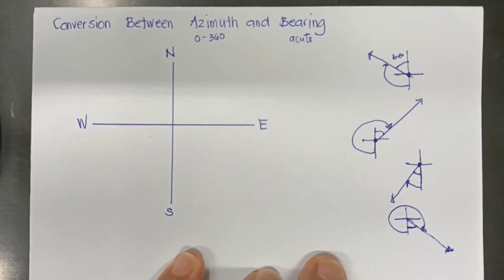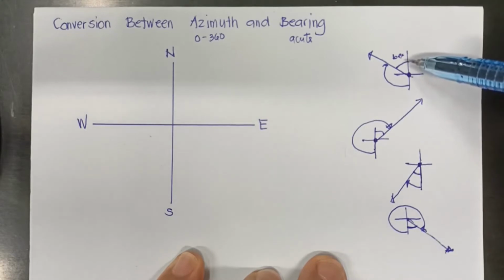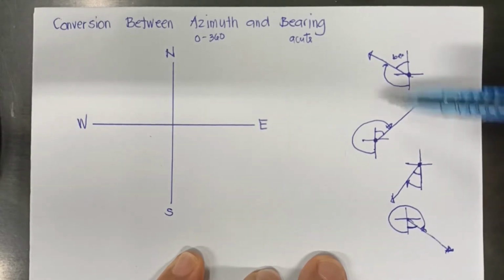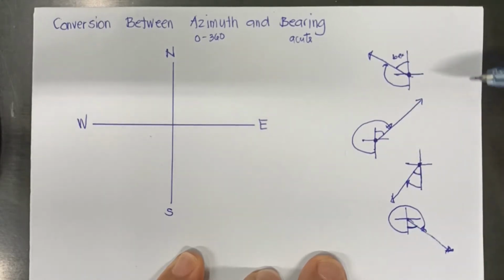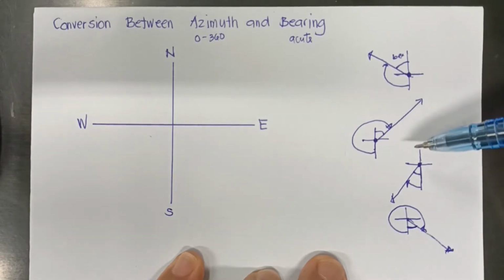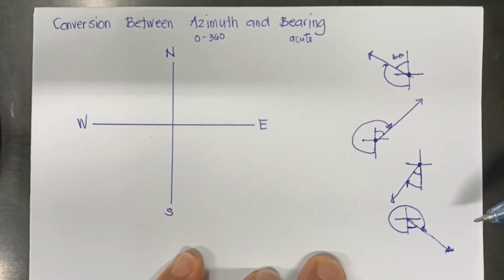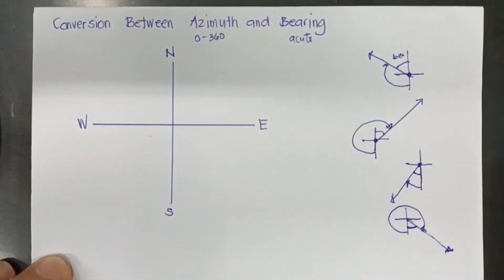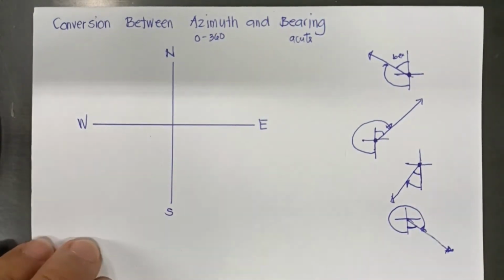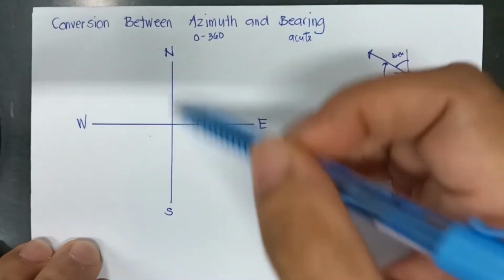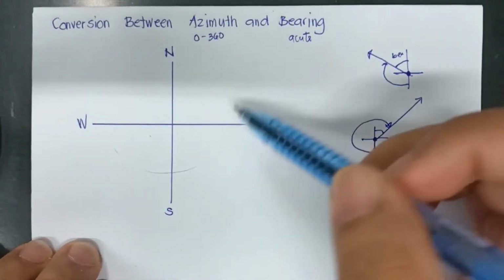In other words, if you are given a bearing, you can compute the azimuth using this illustration, or if you are given the azimuth, you can compute the bearing of the line. So how are we going to do that? This is the illustration. We will use this one.